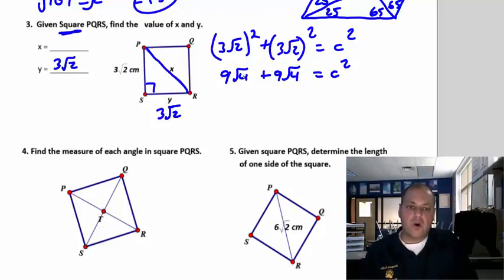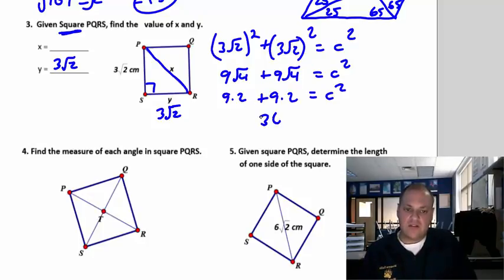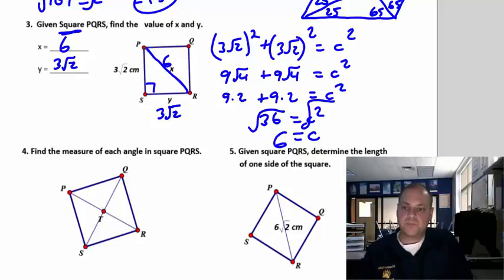Now, radical 4 is 2, so this is 9 times 2 plus 9 times 2. So that's going to be 36. Okay, 18 plus 18 is 36, and then take the square root. C equals 6. So my diagonal is 6.